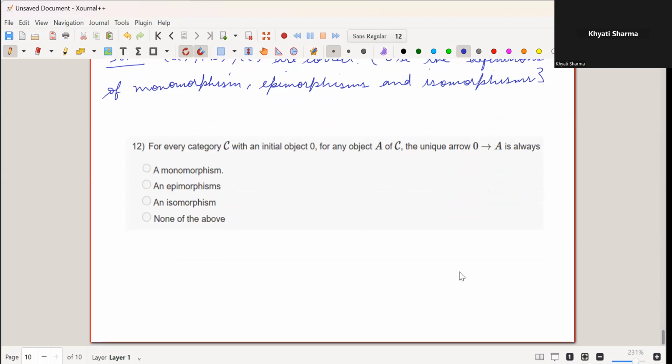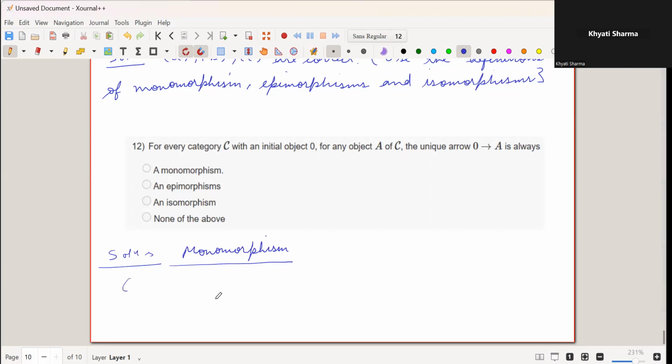So for 12, the solution is, we have to see first, let's see the monomorphism part. The category has initial object 0.